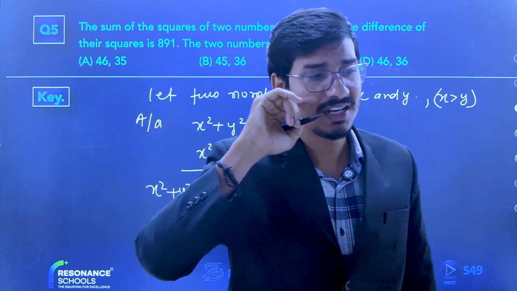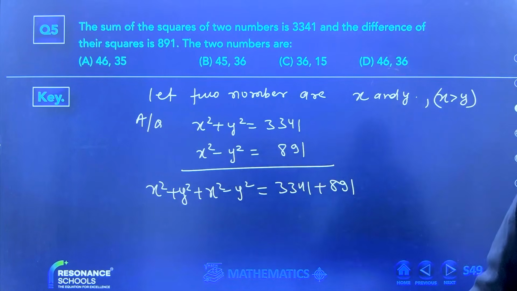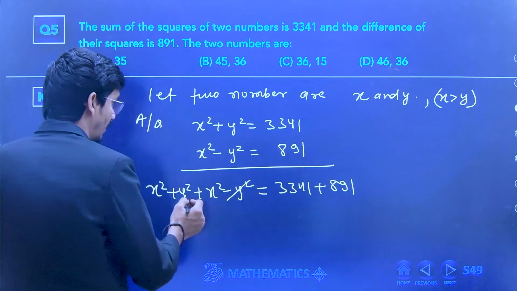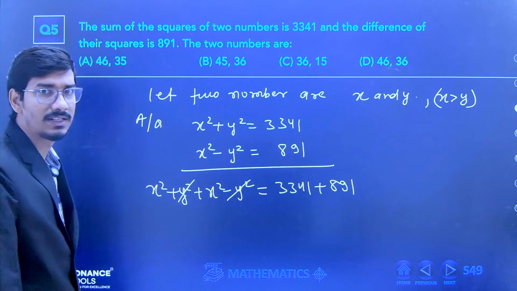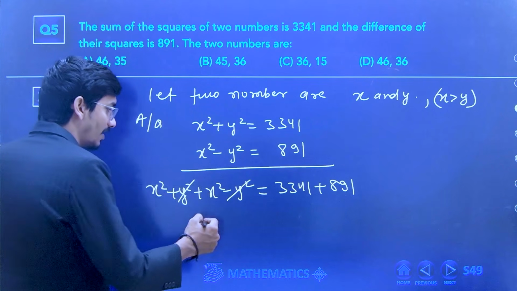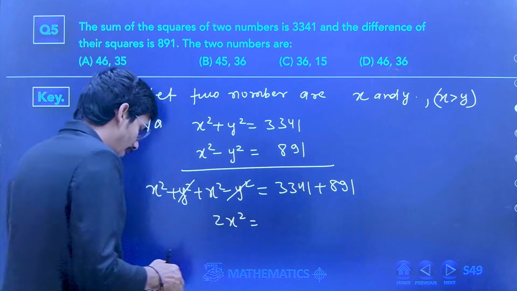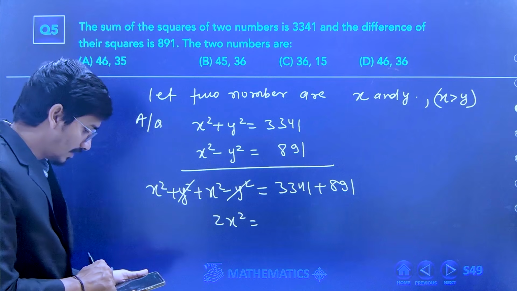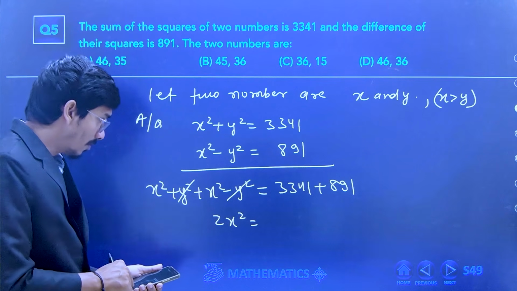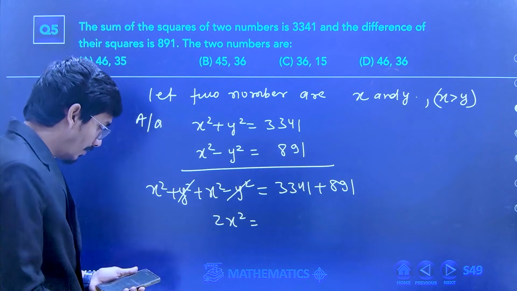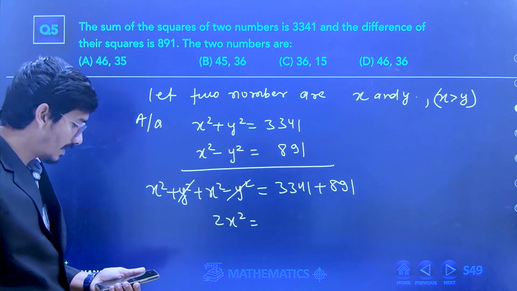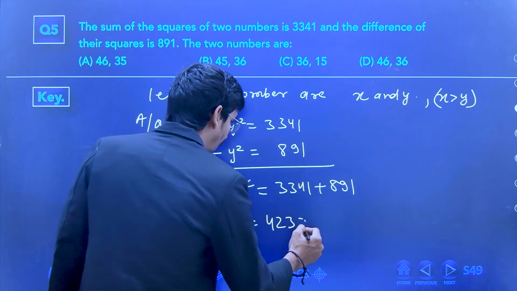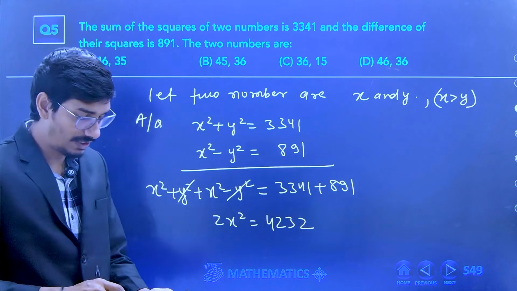On the left side, y square cancels, remaining x square plus x square, that is 2x square. On the right hand side, when we add 3341 plus 891, we get 4232.